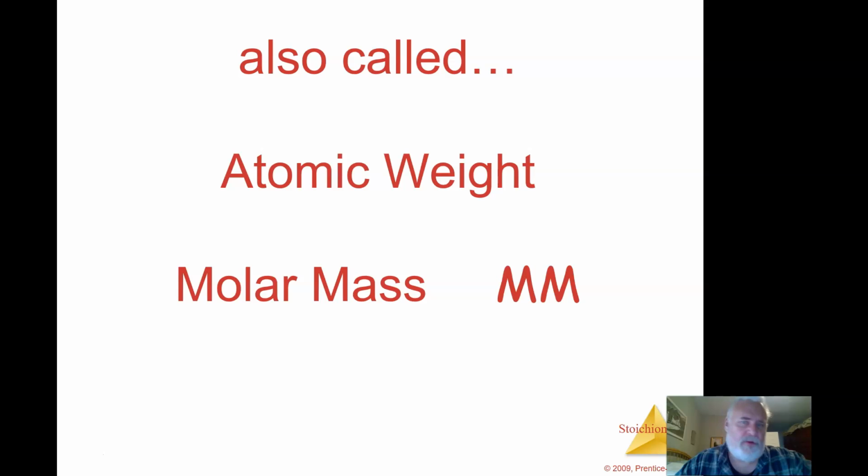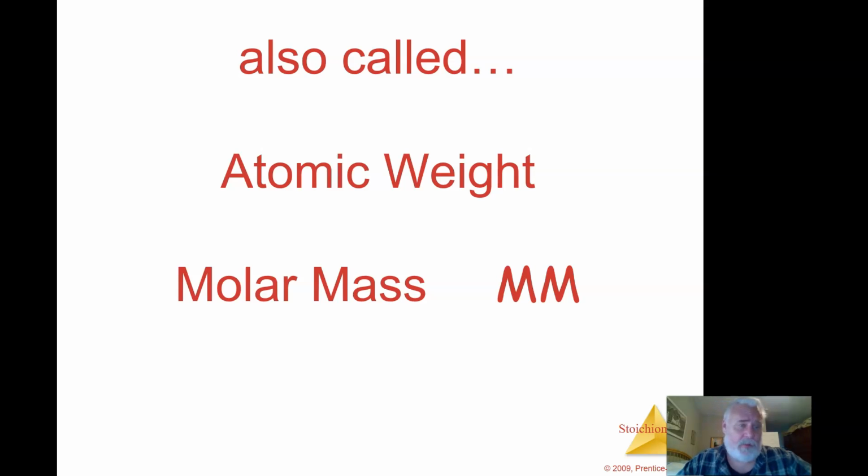Okay? There are some other terms. If you're talking about one atom, it's atomic weight. A lot of times this is the molar mass, and that's usually used if you're doing something that is not technically a formula but is more of an organic compound, like say a methane molecule.